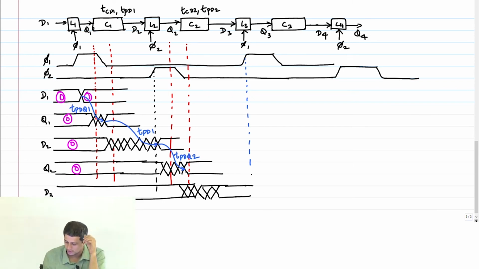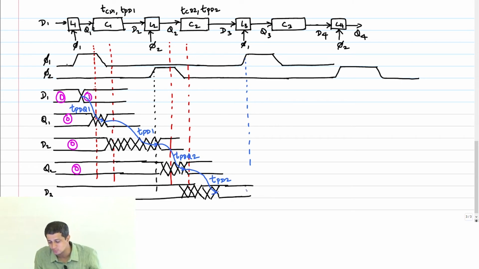Okay. So now what is the timing constraint that I can write? What is this delay? T_C, what? T_PD2, correct? So what is the timing constraint I can write now on the clock? This entire thing should finish in one clock cycle.